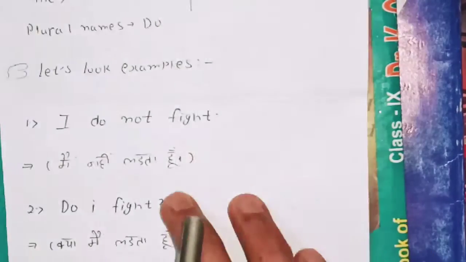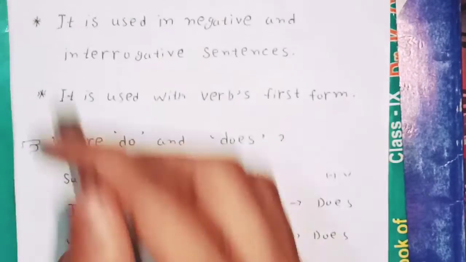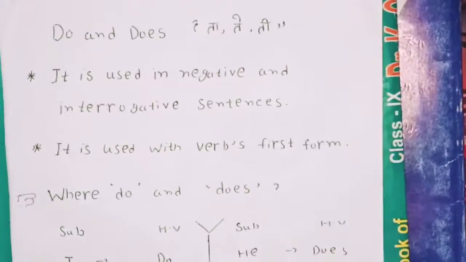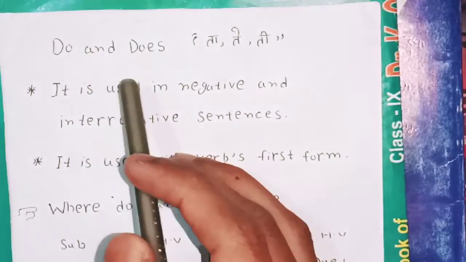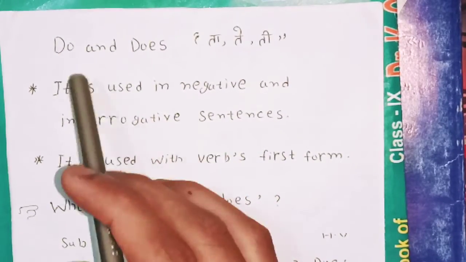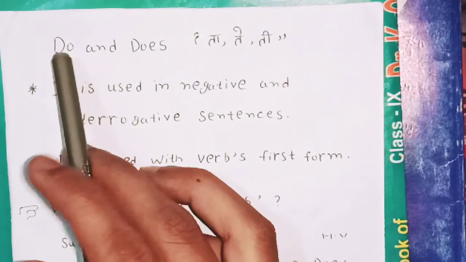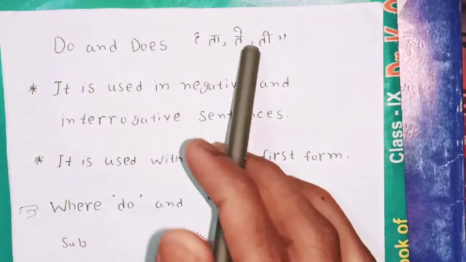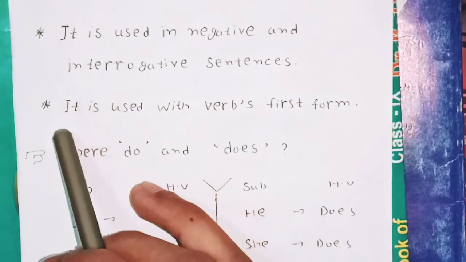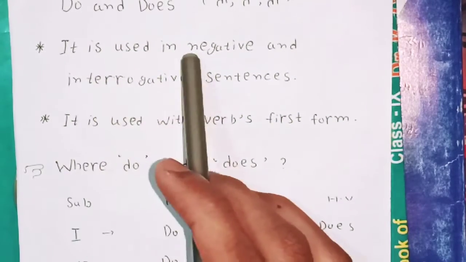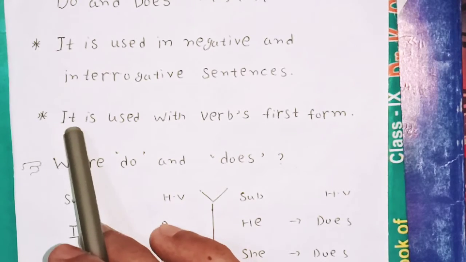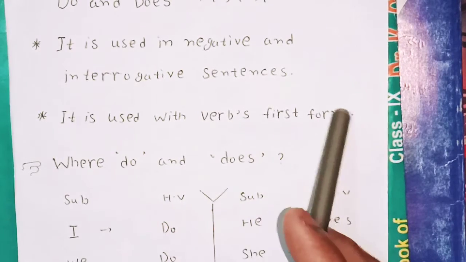We will see some sentences of do and does, and after that we can use them easily. First, remember these facts: we use do and does in the sense of ta, te, ti; they are used in negative and interrogative sentences; and they are used with the verb's first form.